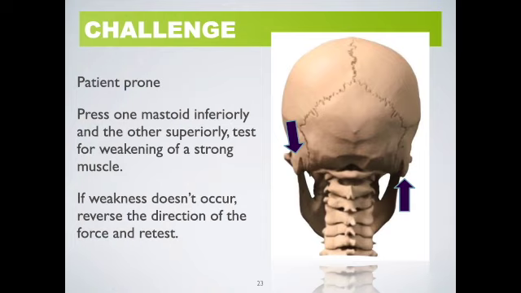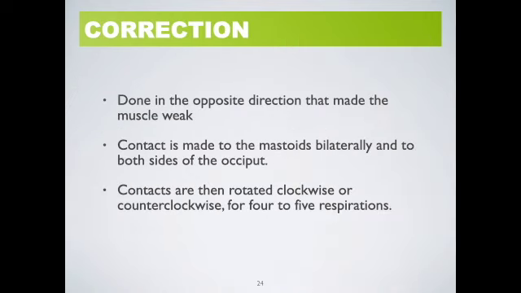You're going to assume that what you're doing is pushing it further into lesion, and you're going to push it back out of lesion. The correction is done in the opposite direction to the one that made the muscle weak.